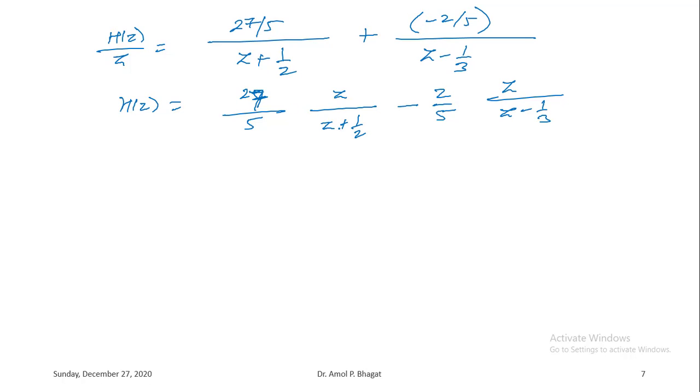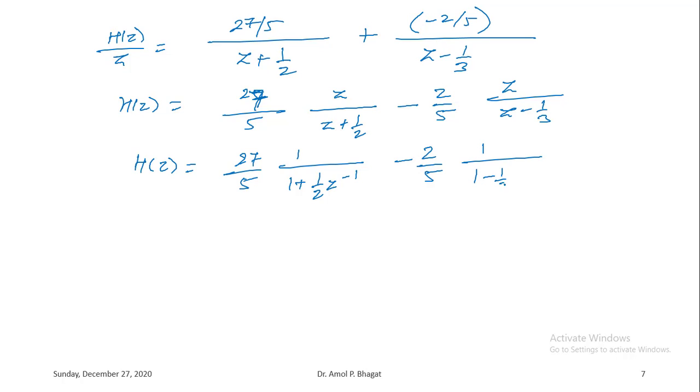So if you send this z in the denominator, you will get 27 by 5 times 1 upon 1 plus 1 by 2 z inverse, minus 2 by 5 times 1 upon 1 minus 1 by 3 z inverse will be there. Okay, now you can directly obtain the parallel form realization from this equation.